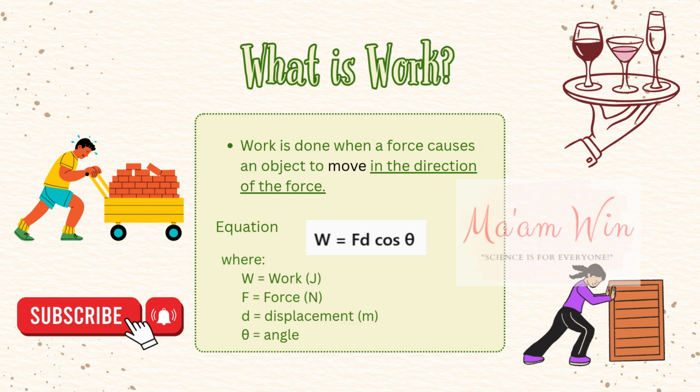We calculate work using the equation W = Fd cos θ, where force, displacement, and the angle between them all affect the result. Work is therefore a measure of how effectively a force produces motion.